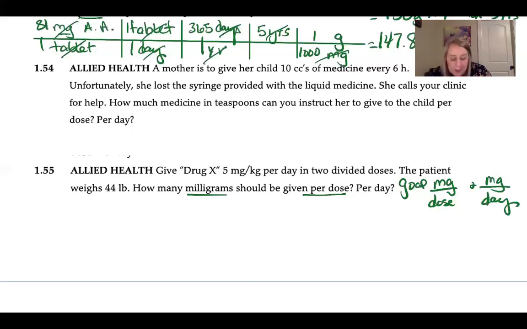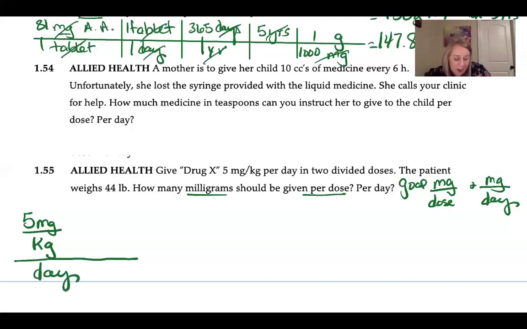All right, so what do we start with? Well, we're told that we want to give this drug in 5 milligrams per kilogram, per day.